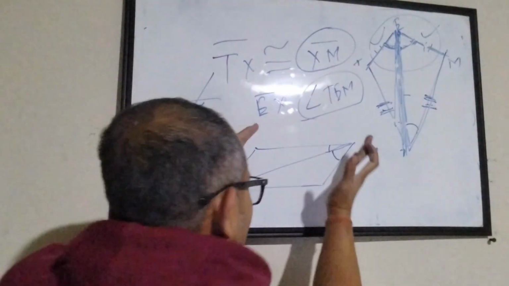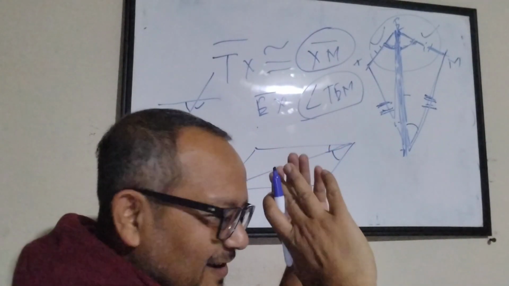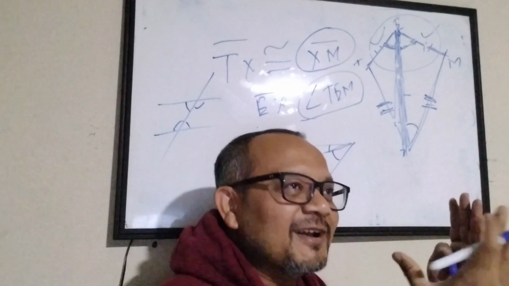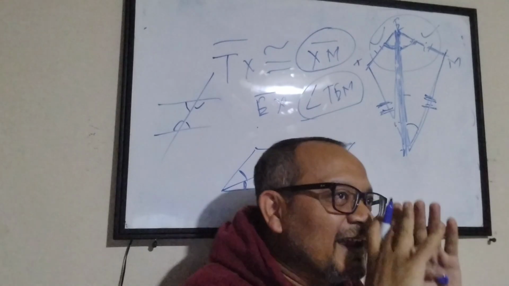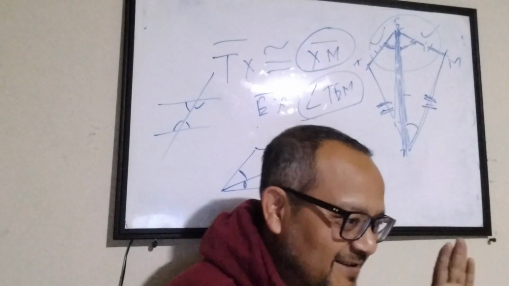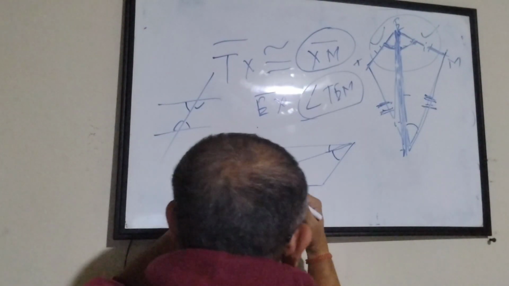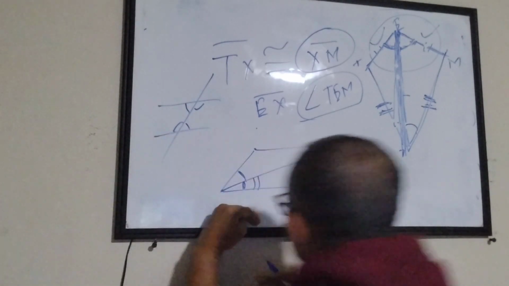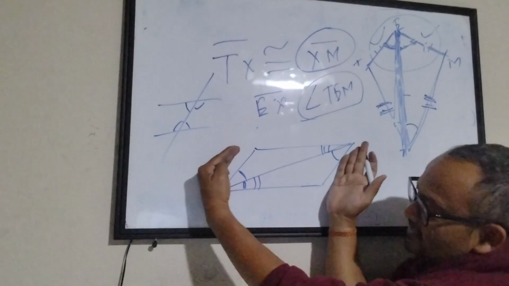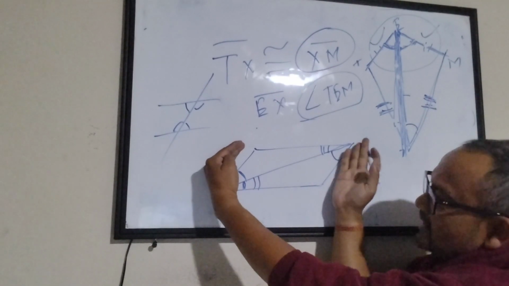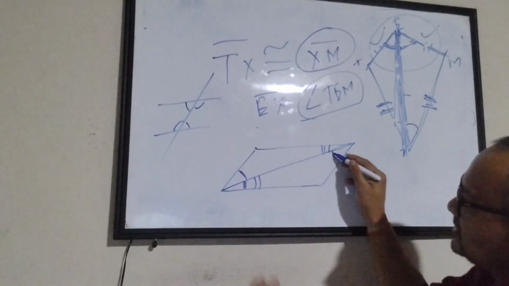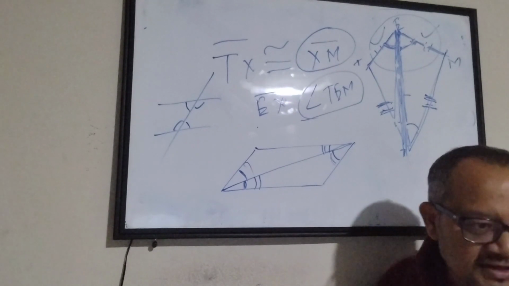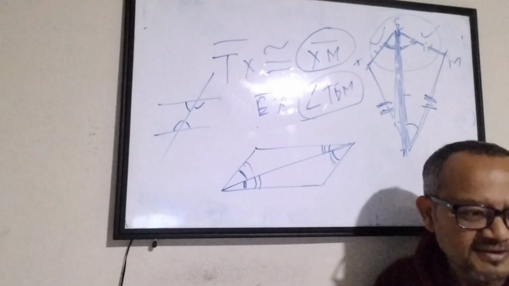You have to change the alignment of your eyes. You are looking from here. Now these are two parallel lines, and this is intersecting line. So this and this are the alternate interior angles. Got it.